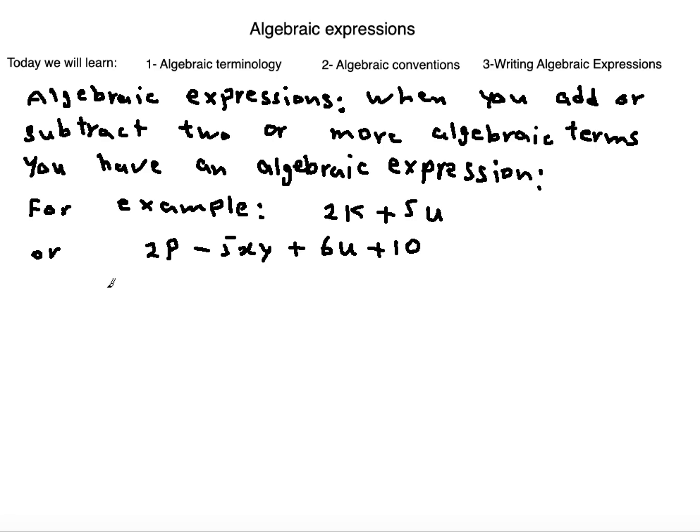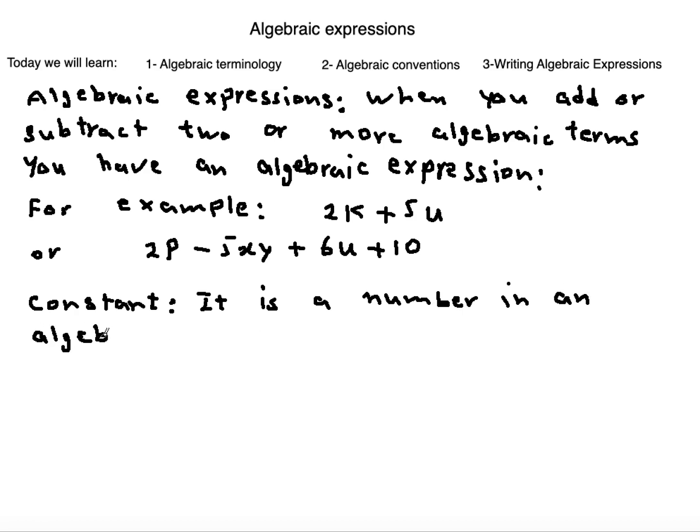The next one is the definition of a constant. It is a number in an algebraic expression without a pronumeral.